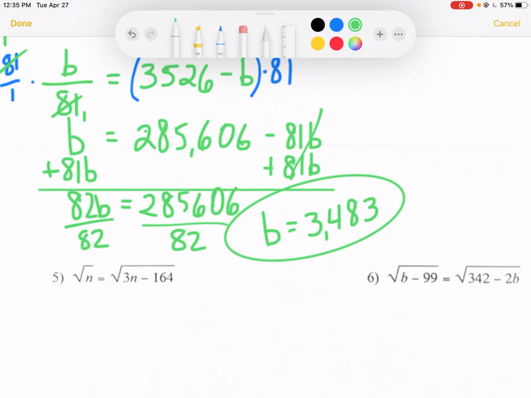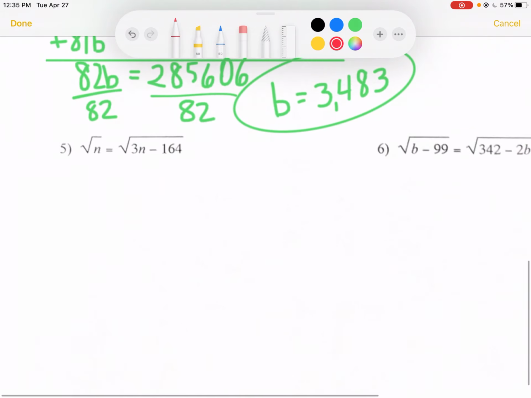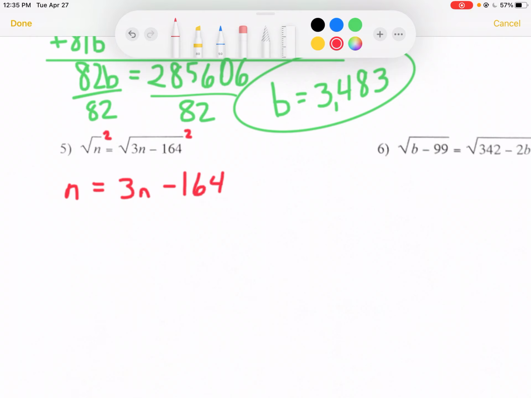All right. Why don't we look at one of these on the bottom row? Let's do number 5. If I square both sides again, I'm going to have n equals 3n minus 164. We want to move our n's to the same side, so we've got to subtract 3n from 1n. 1n minus 3n is negative 2n.